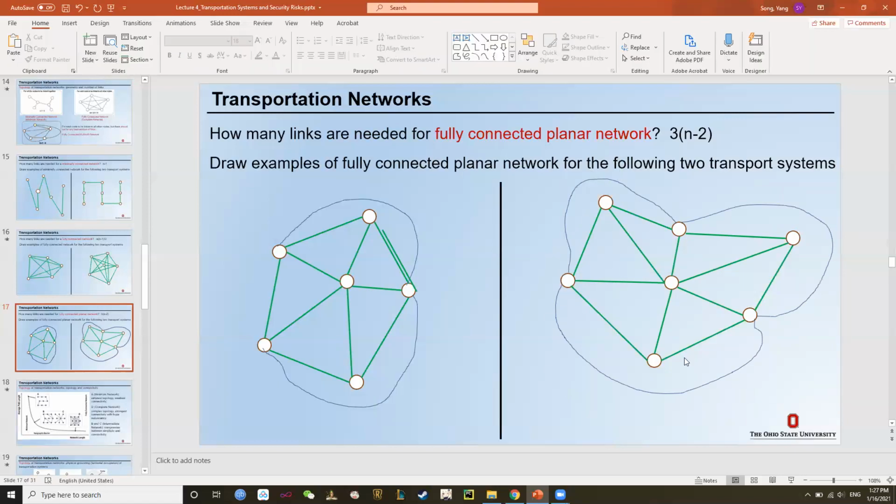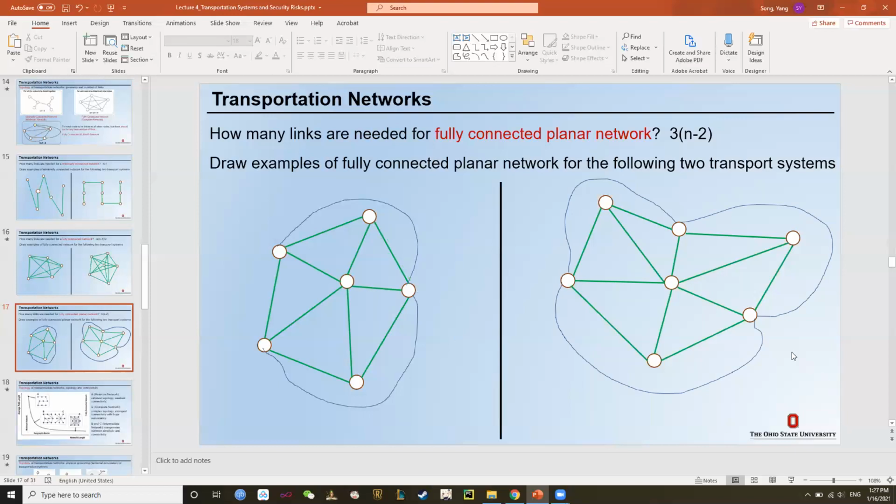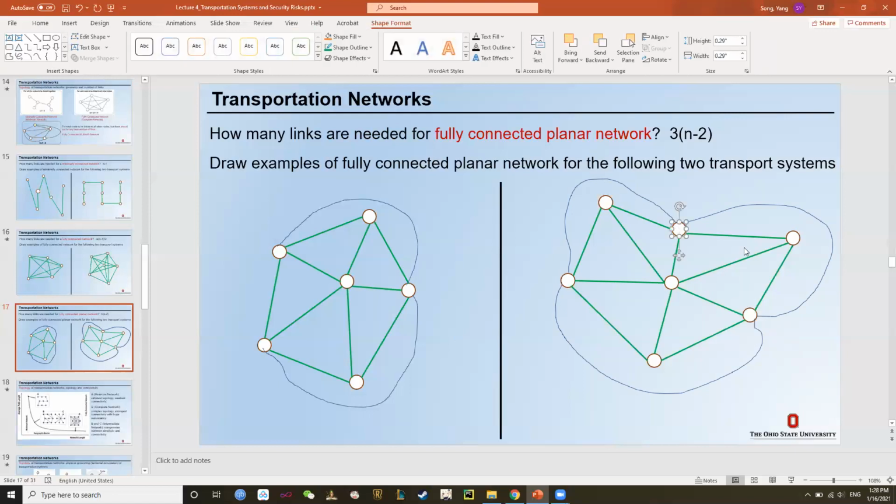Right. Again, there are other solutions, right? If you do not connect these 2 nodes, and instead you connect these 2 nodes with a link, then the rest 3 links will change.